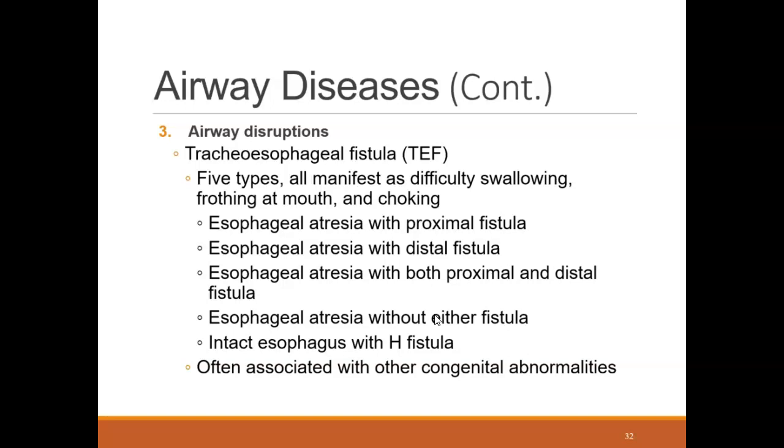They could also have a lot of choking and aspiration, because either the esophagus isn't completely formed and doesn't empty into the stomach, or the esophagus is attached to the trachea and the baby is aspirating directly into the lungs. That can cause frothing at the mouth and a lot of choking symptoms. These babies are going to need to go to Children's Hospital to get surgery to correct it.